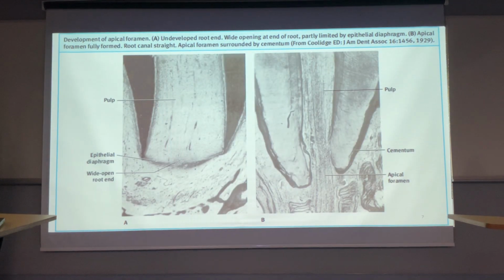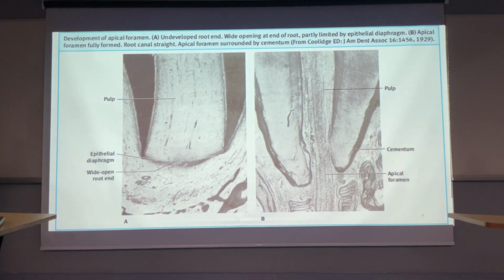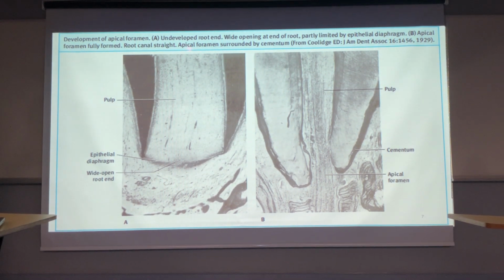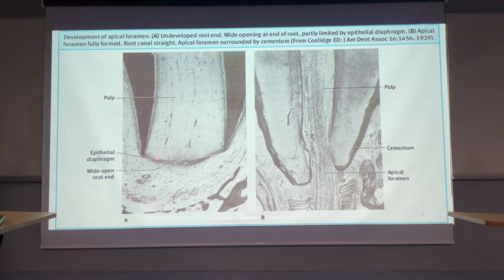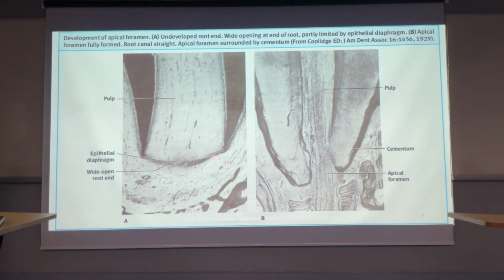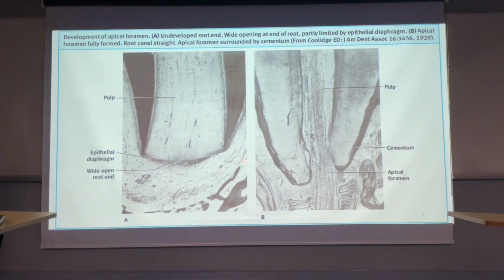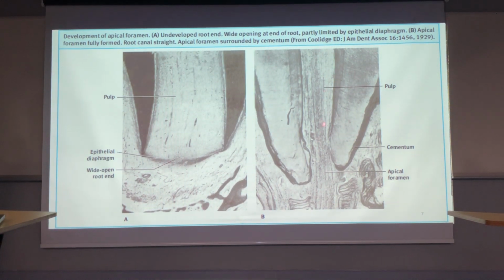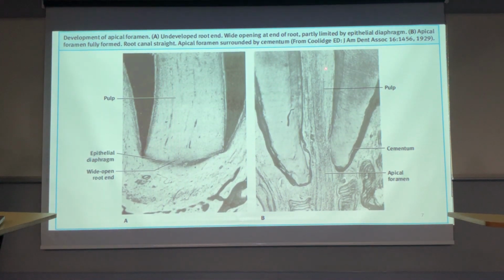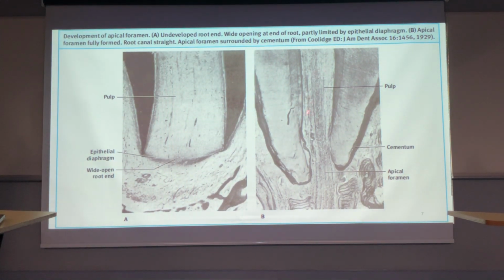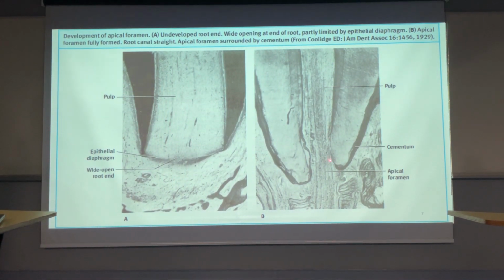Here you can see the pulp in the formation period, an undeveloped root, and this part is our pulp, and here you can see our Hertwig's root sheath, or epithelial diaphragm. This diaphragm goes closer and closer and closes the root side pulp. On the right side, you can see the closed area, the radicular pulp form, and the two ends of the teeth closer to each other.